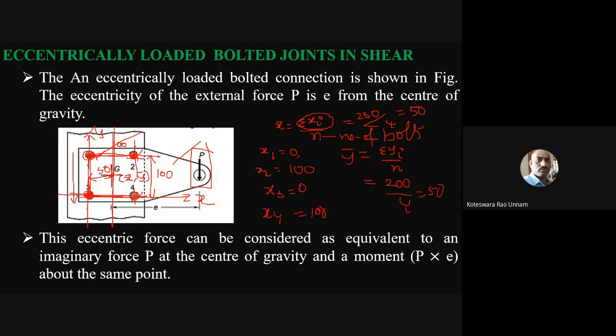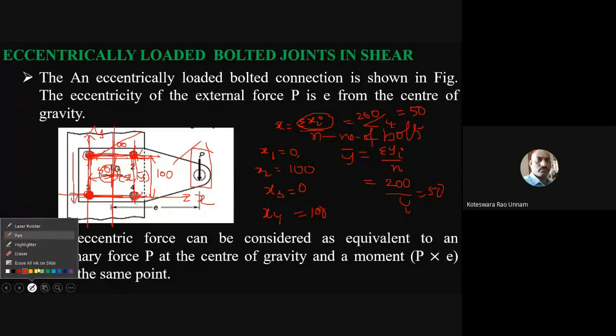That means from the center of this third bolt, the center of gravity lies at a distance of 50, 50, provided the distance between two bolts in the row direction is 100 and in the column direction also it is 100. So the center of gravity is exactly at the center, which is at 50. Likewise, you can calculate.